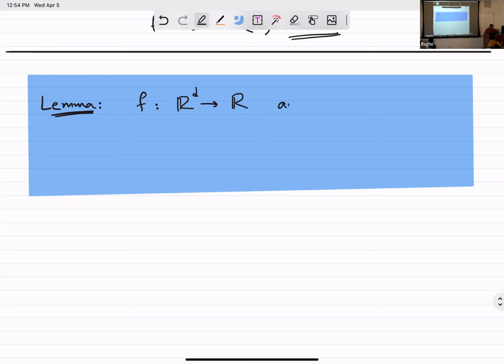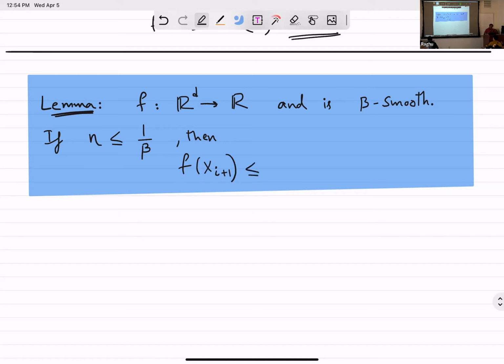So suppose the function is, let's say, beta smooth. If your step size is smaller than 1 over beta, so if you're 100 smooth, your step size is at most 0.01, and if you're 10 smooth, your step size is at most 0.1, then gradient descent is at least monotone.